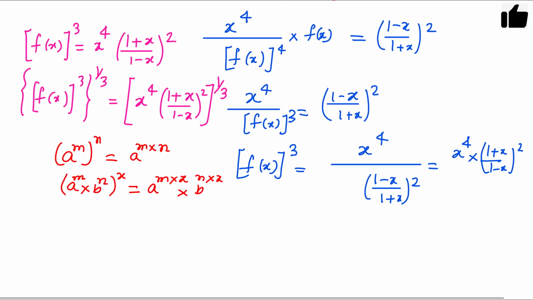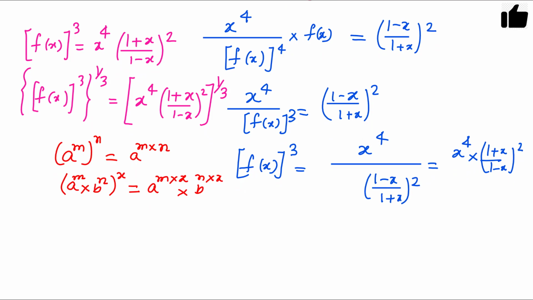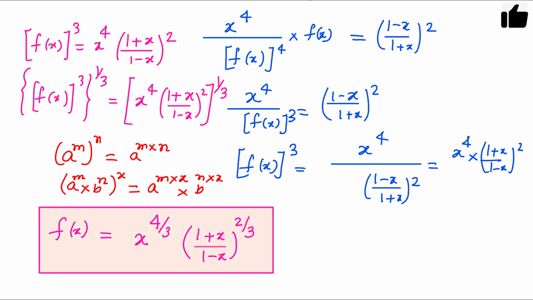If you use these two rules, you can further simplify this expression. The left hand side is f(x), and the right hand side will be x raised to the power 4/3 times ((1 plus x) divided by (1 minus x)) raised to the power 2/3. So this is the function.